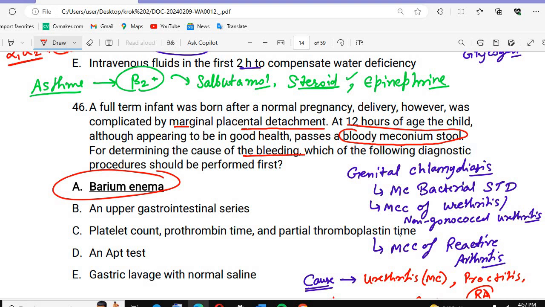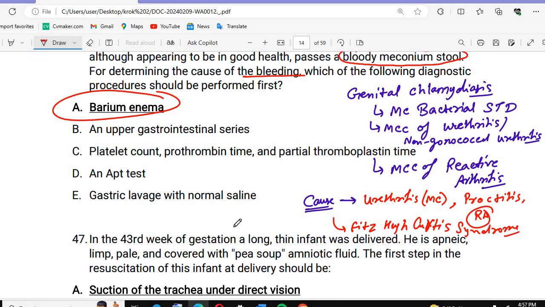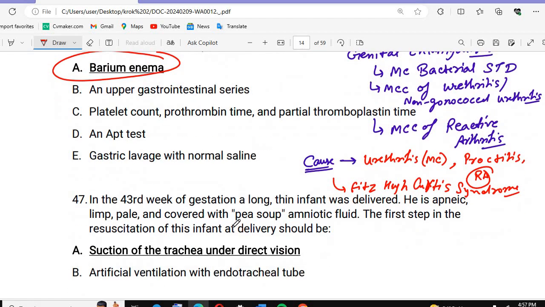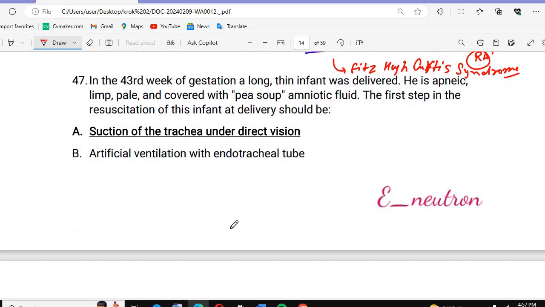So barium enema. See, whenever we talk about barium, sometimes we call it barium enema, barium meal, or barium meal follow through. So what is this actually? Barium contrast, you can write. In case of barium contrast, when we studied, we use the barium meal.